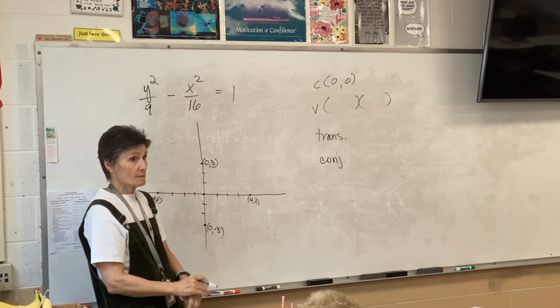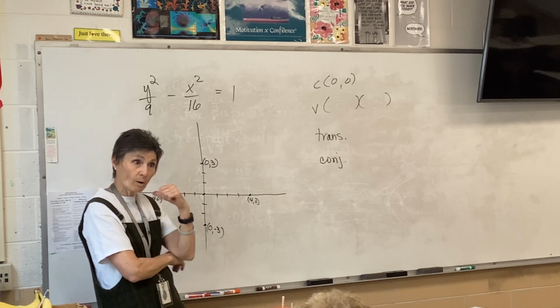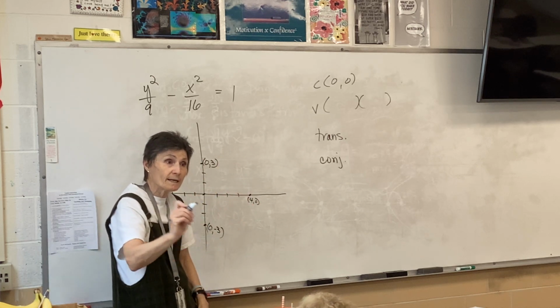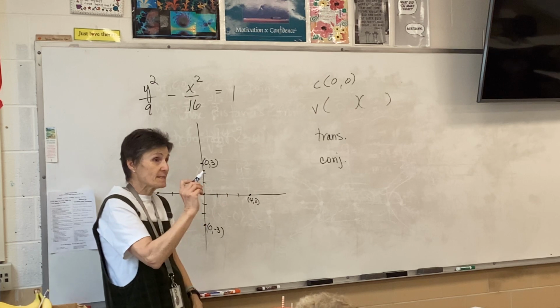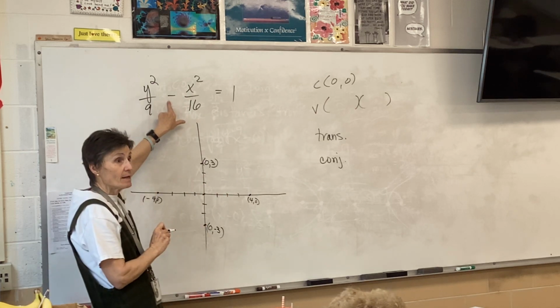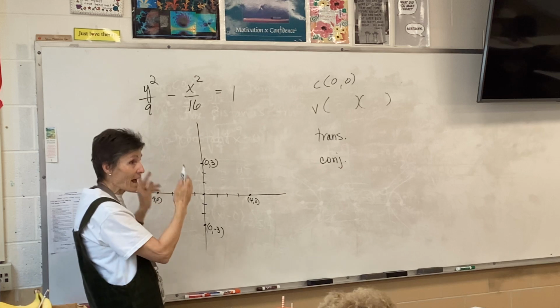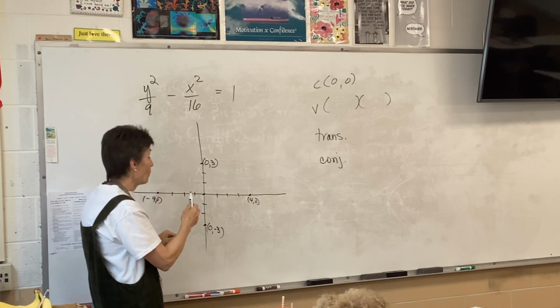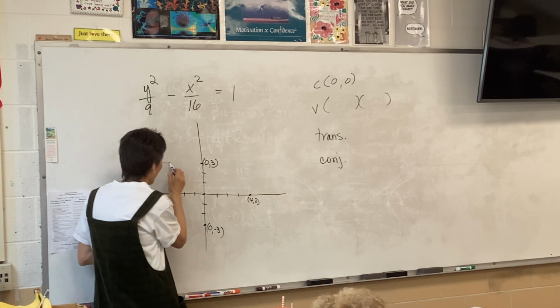On our quiz, when we have an ellipse and we get to this point, we're going to connect them with an oval. But this is not an ellipse, this is a hyperbola. So we have exactly the same points, but we build a box.